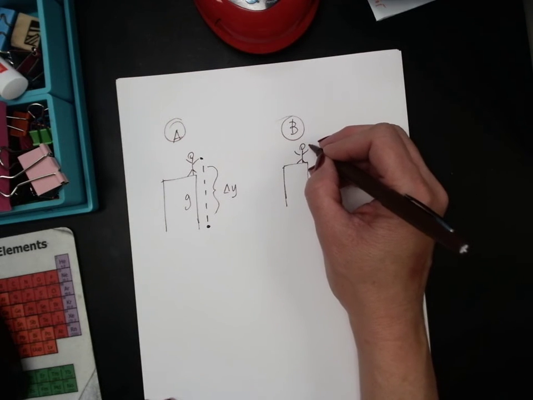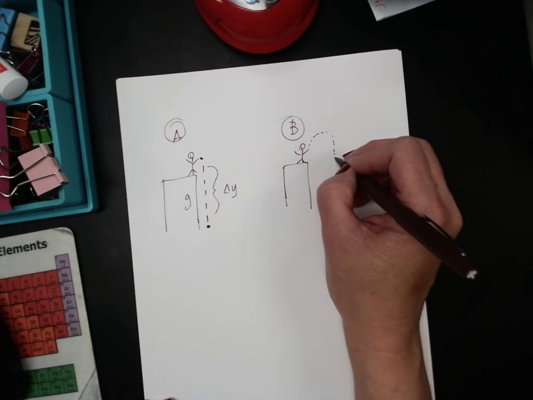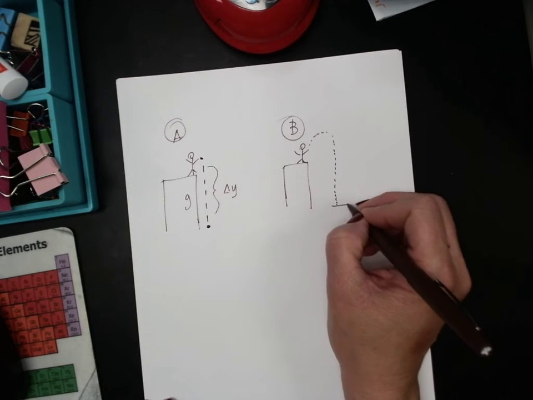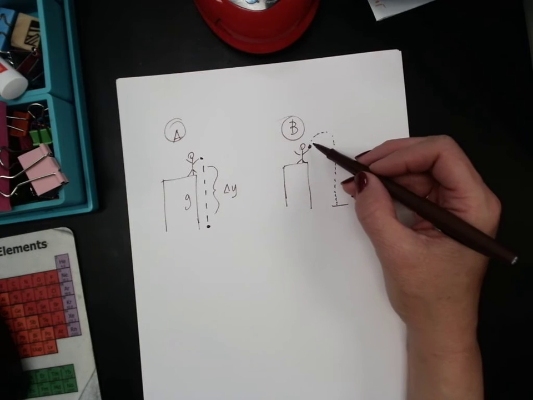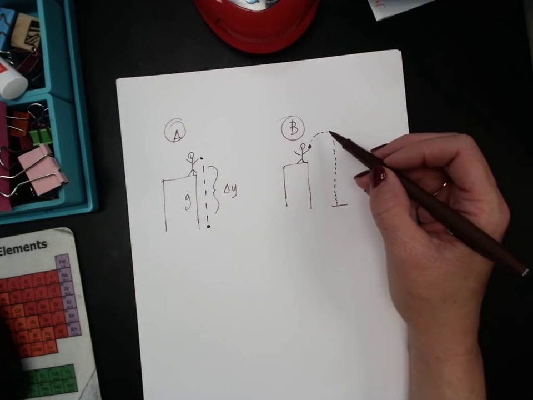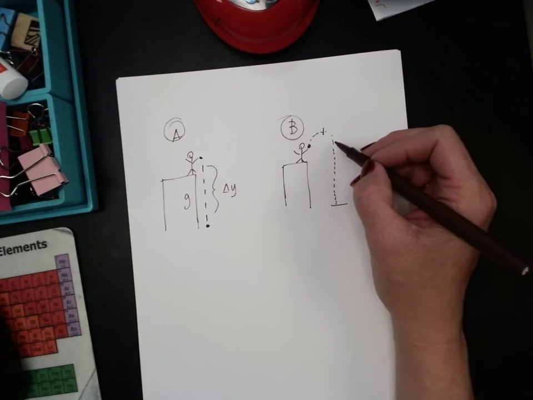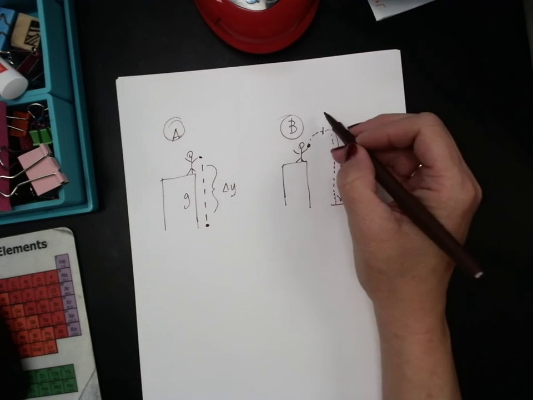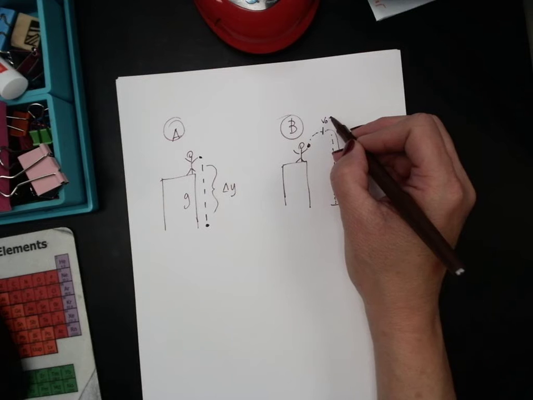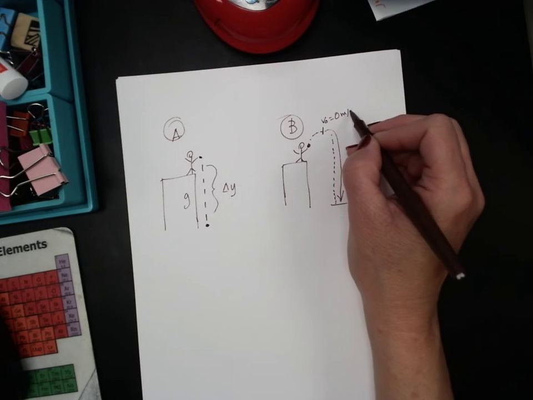Over here, let's say I have an individual that actually throws the ball up. That ball is going to travel to the top of its trajectory, and then it's going to begin its way down. Up here at the top of the trajectory, I know my velocity equals 0 meters per second.